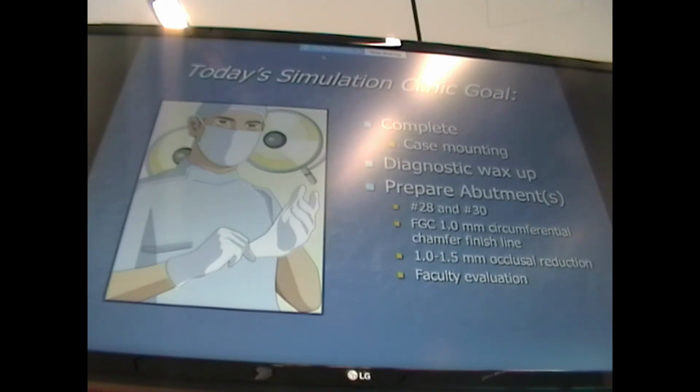Okay. Let me have your attention, please. This is an important question. You have an edentulous area at 29, 30, 31, right? Okay. Just what about 30, 31? Okay, all right, you're good.